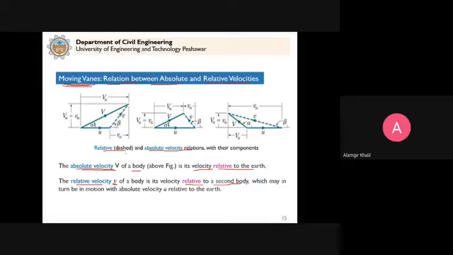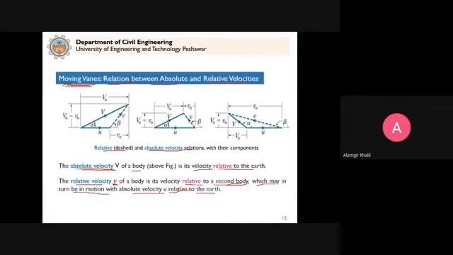Clear? Also we use it for specific volume, but in here it is the relative velocity. Clear? We will say it is a small case v. So this will be its relative velocity relative to a second body, which may in turn be in motion with absolute velocity u relative to the earth.